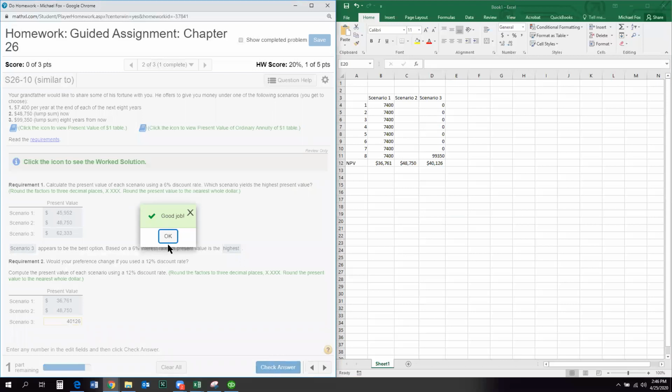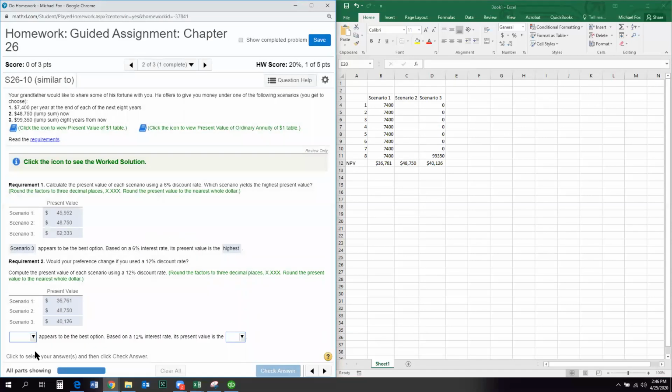So with that 12% discount rate, it actually appears that scenario 2 is the better investment, because it gives us the highest present value.